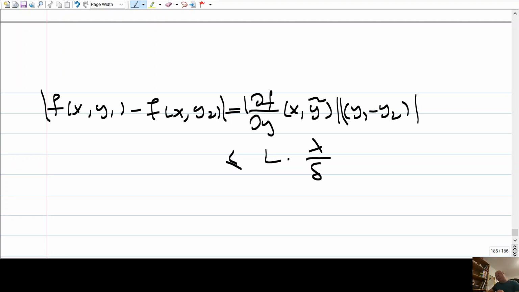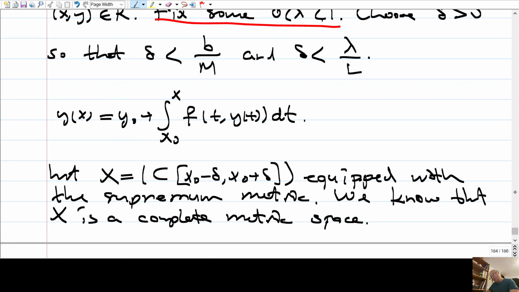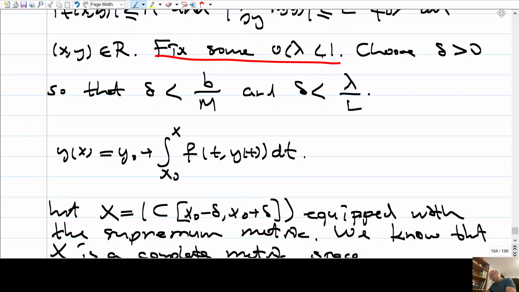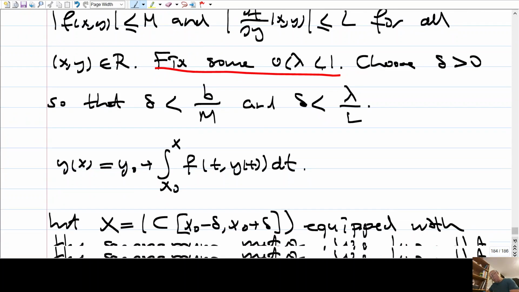Okay. Is it like that? Okay, so yeah, delta is less than lambda over L.